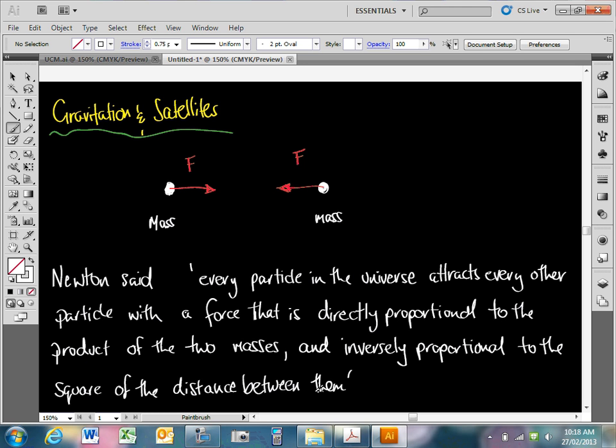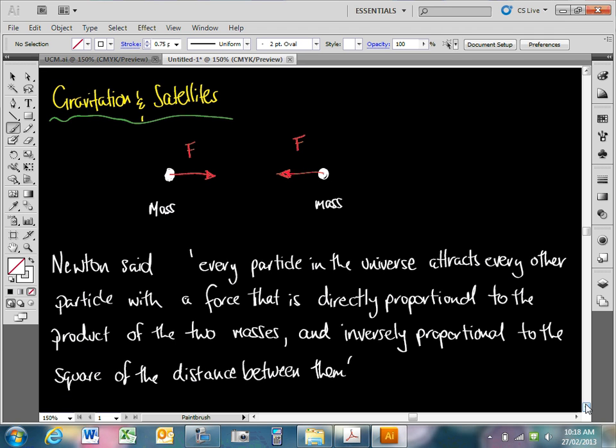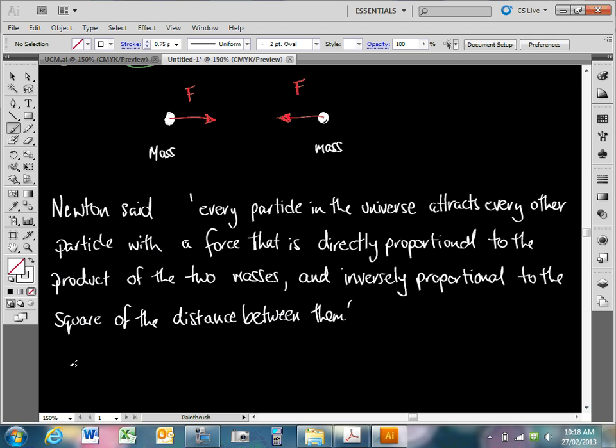And inversely proportional to the square of the distance between them, and that is this, Newton's law of universal gravitation.